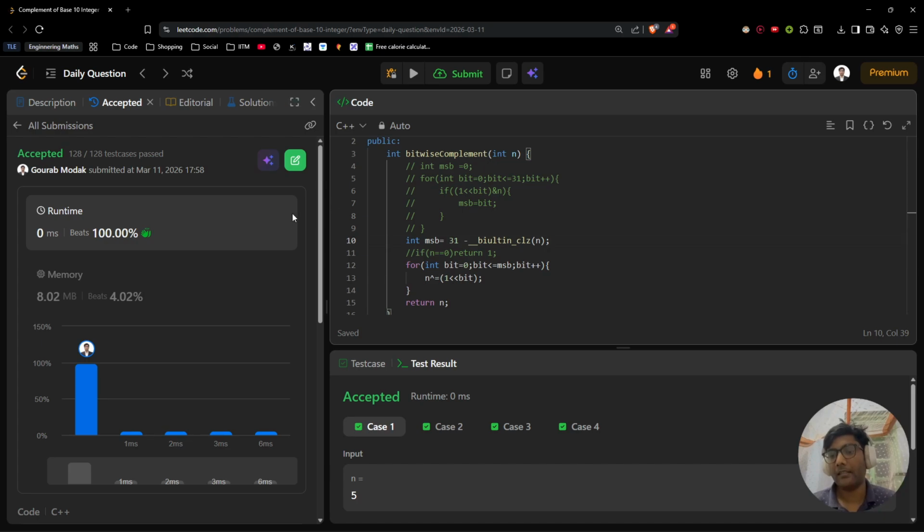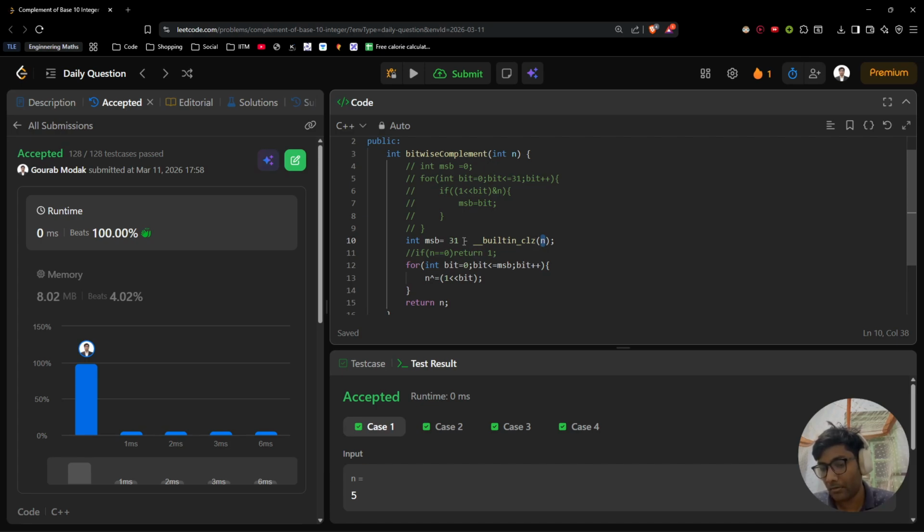This gives me the most significant bit. Like this will count me the number of leading zeros, and 31 minus this is my answer.